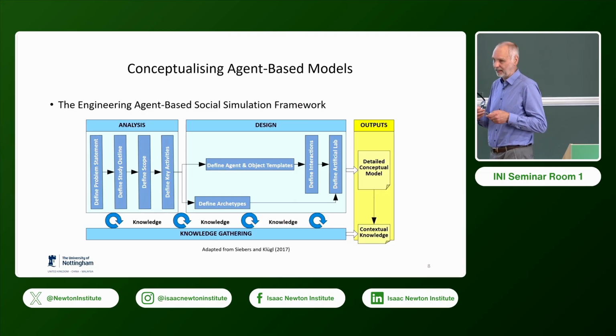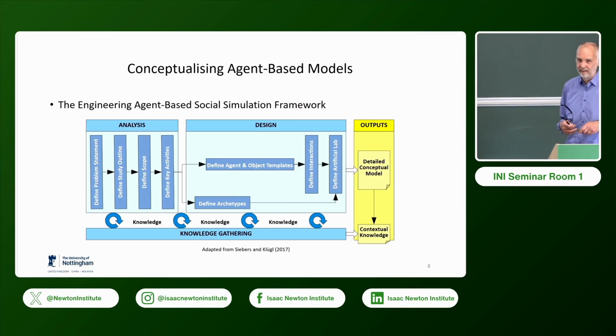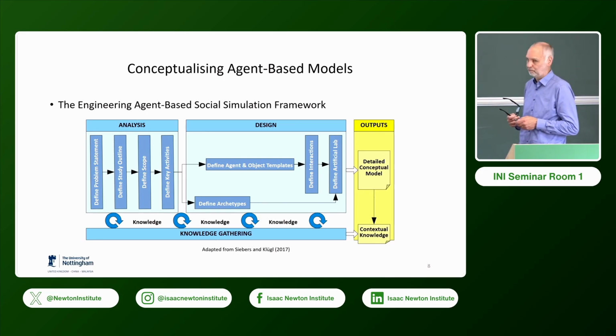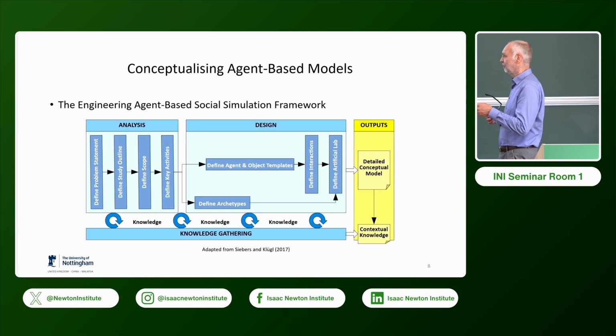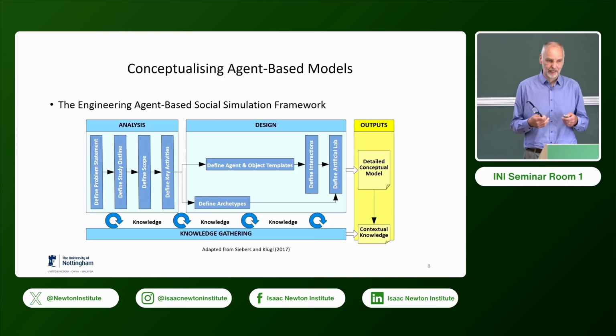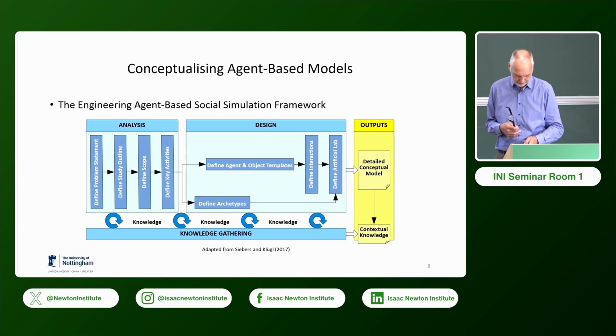We define how the agents interact, and in the end we define how we want to equip our artificial lab that we are creating. When you do this, you get a lot of contextual knowledge as well when you debate with people. And you get your model in the end.